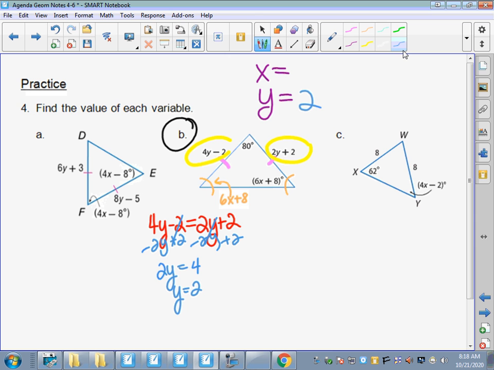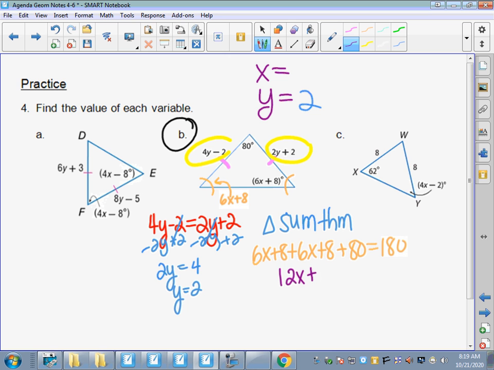So what we're going to have to do is use the triangle sum theorem. And some people did this a little bit different. If you did it a little bit different, I'll know what you're doing. So I said that all three of those angles, the 6x plus 8 plus a second 6x plus 8 plus 80, has to be equal to 180. So we can solve that then. 12x plus 16 plus 80 equals 180.